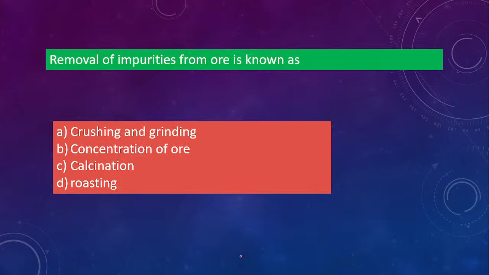Next one. Removal of impurities from ore is known as: option A, crushing and grinding; option B, concentration of ore; option C, calcination; option D, roasting. Okay, Sujan has gone for option B. The process of removing impurities from ore is known as, which one will it be?